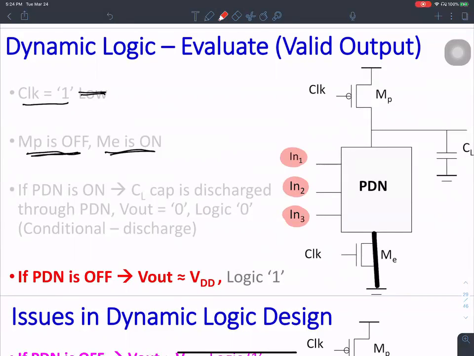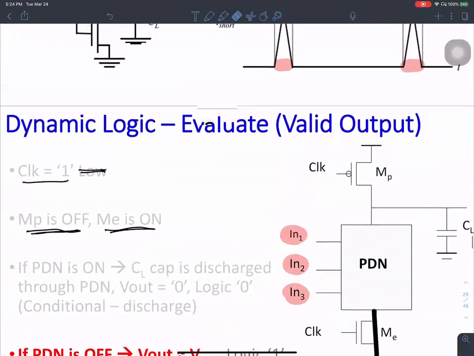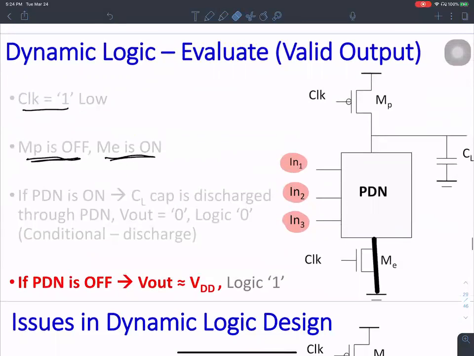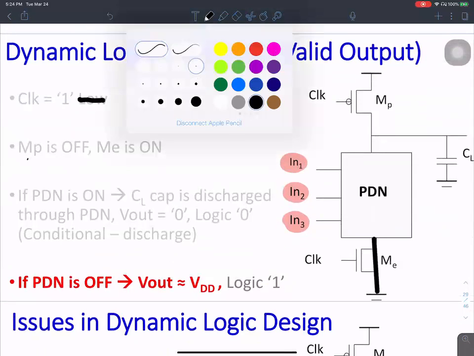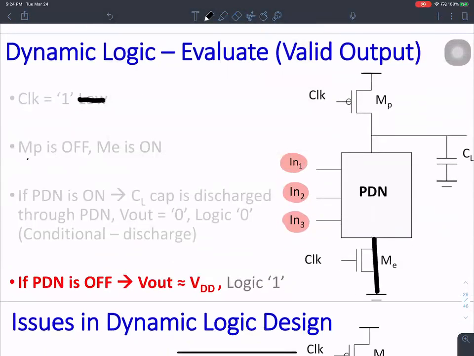Now what do you think could be the issues in dynamic logic circuits? There's no free lunch, right? So by reducing the number of PMOS transistors, what cost am I paying?